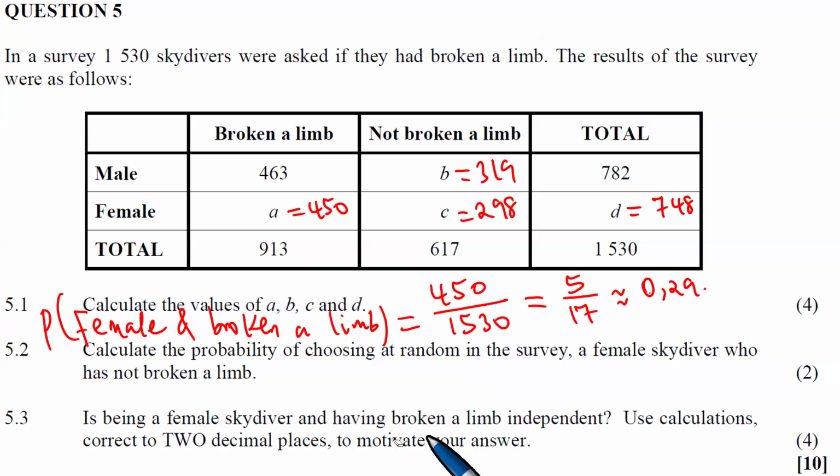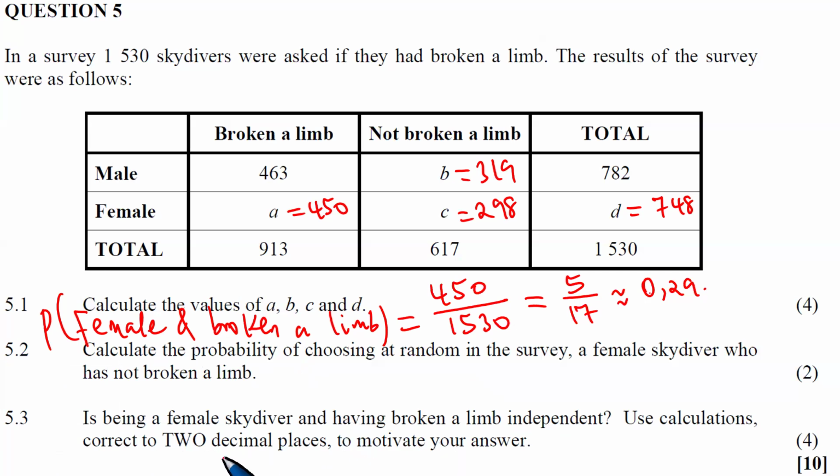Then the next thing. Right, now we're going to continue, because it's the probability of female skydiver and having broken a limb. So we did female and broken a limb.